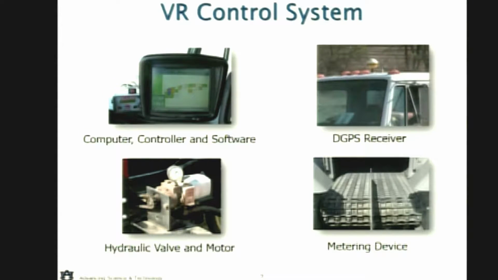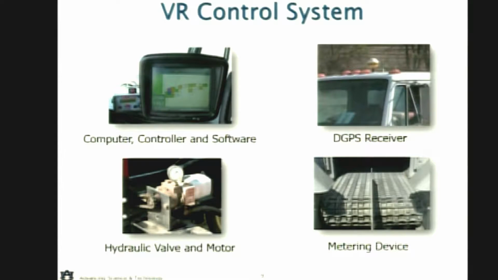It's an apron chain, and the speed of that chain is going to drive what the actual application rate will be. So we load our map in the top left. We've got our GPS. We know where we are at any point in that field, and we're going to apply what that map says. And the hydraulic motor is going to do all the control aspects, or the speed of that chain.